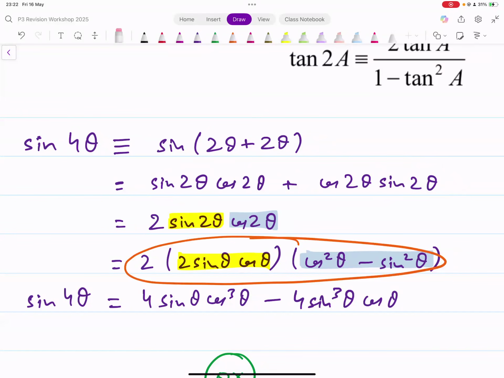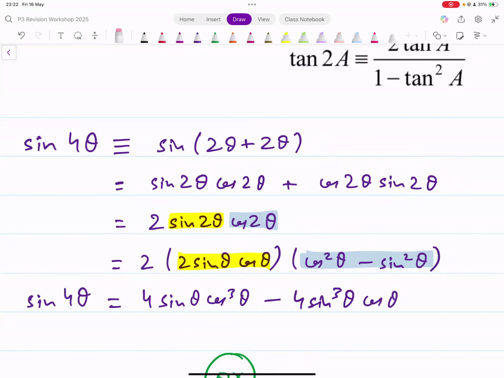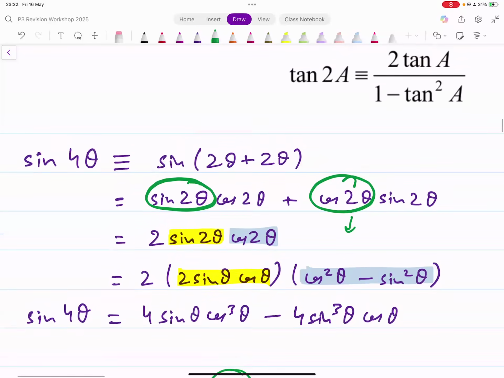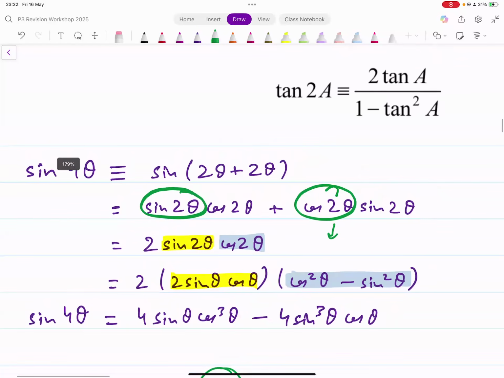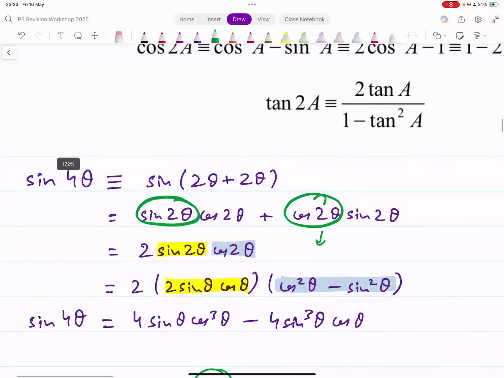Depending on what you want afterwards, you can convert it to that form, but that's what you get after simplification. You apply the double angle identity for this, double angle identity for this, simplify everything, and that gives you some result.